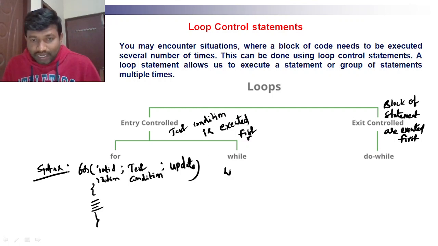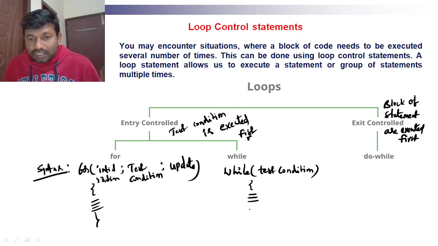And if it is while, the syntax of while could be: we write the test condition, and if the test condition is true, we execute the statements. In fact, we write the updation of variables participating in the test condition.